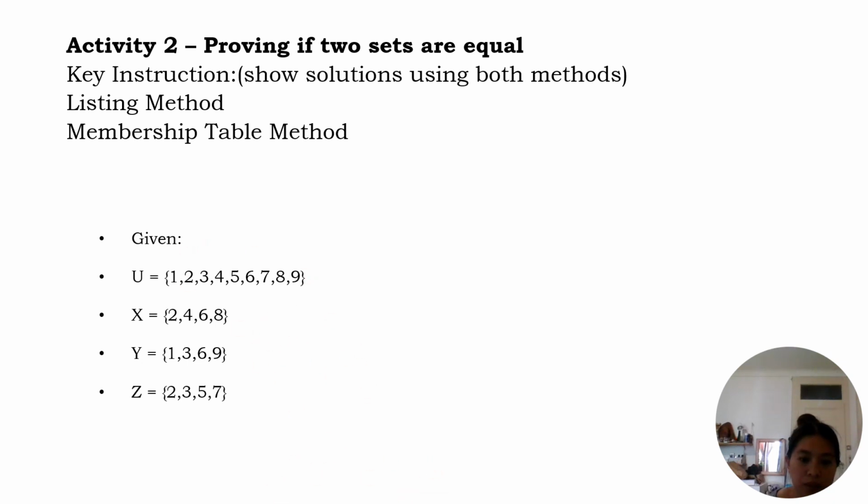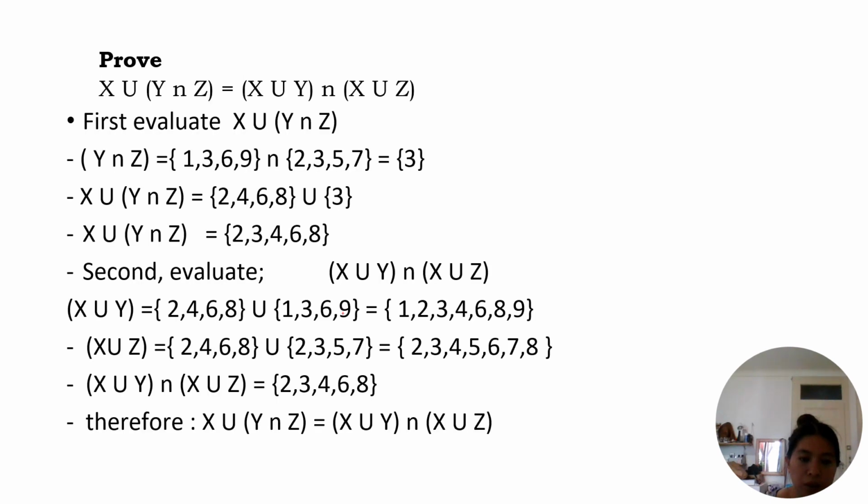Okay, let's try to do the listing method first. We've been asked to prove this statement: X union with the intersection of Y and Z is equal to the union of X and Y intersect with the union of X and Z.